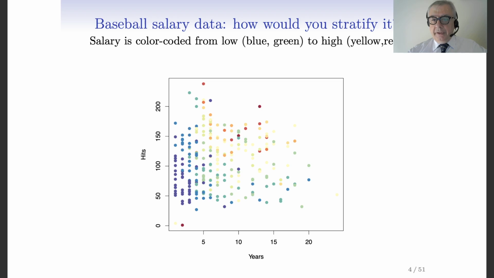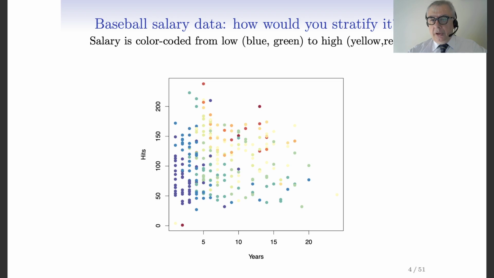Then I have the remaining ones, and here you can see that the number of hits is really important to predict the wage. So if the number of years is greater than 3, then I would look at hits, and this could be something about 100.